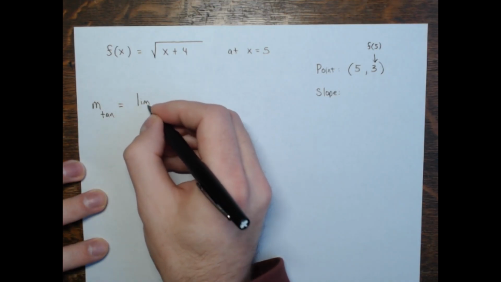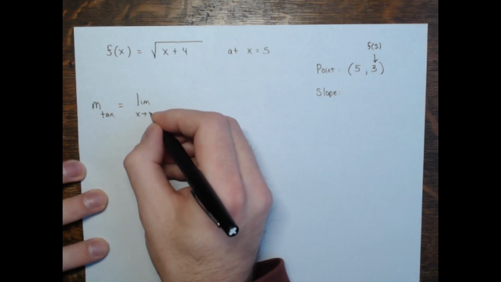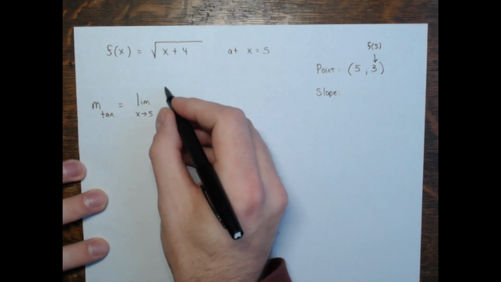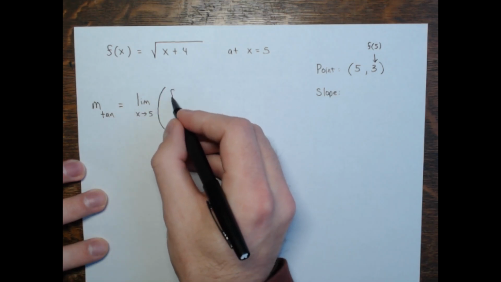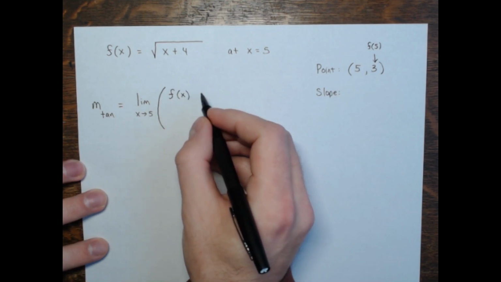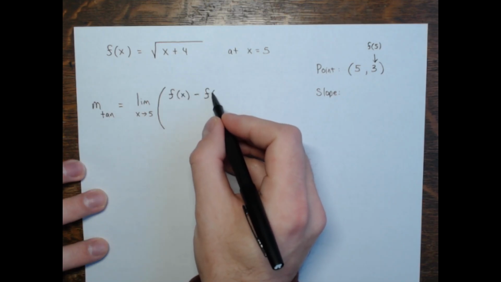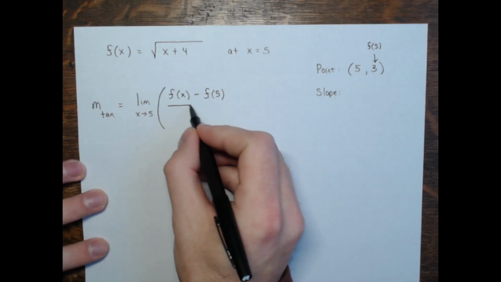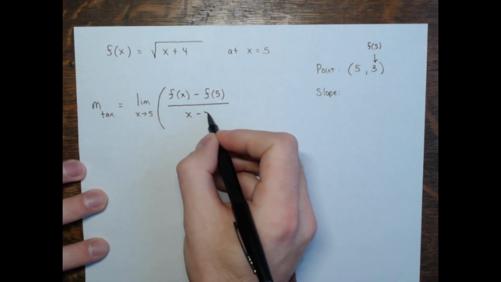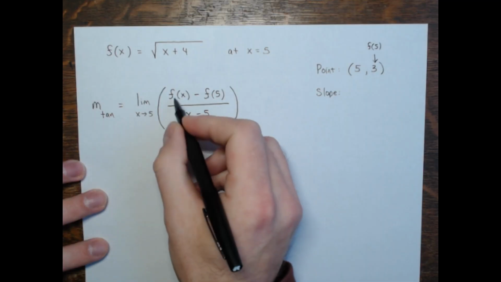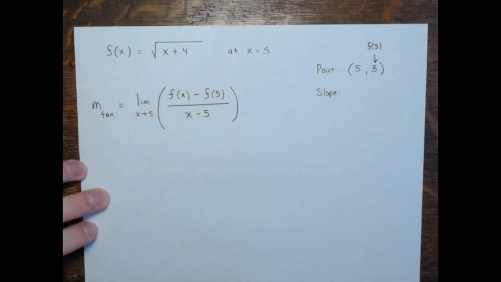And then we'll have that value of x approach 5, right? So the limit as x approaches 5 of the value of f at this other x minus the value of f at 5, divided by x minus 5. There's the slopes of any secant lines, and then we'll have x approach 5, so you get closer and closer to the tangent line.